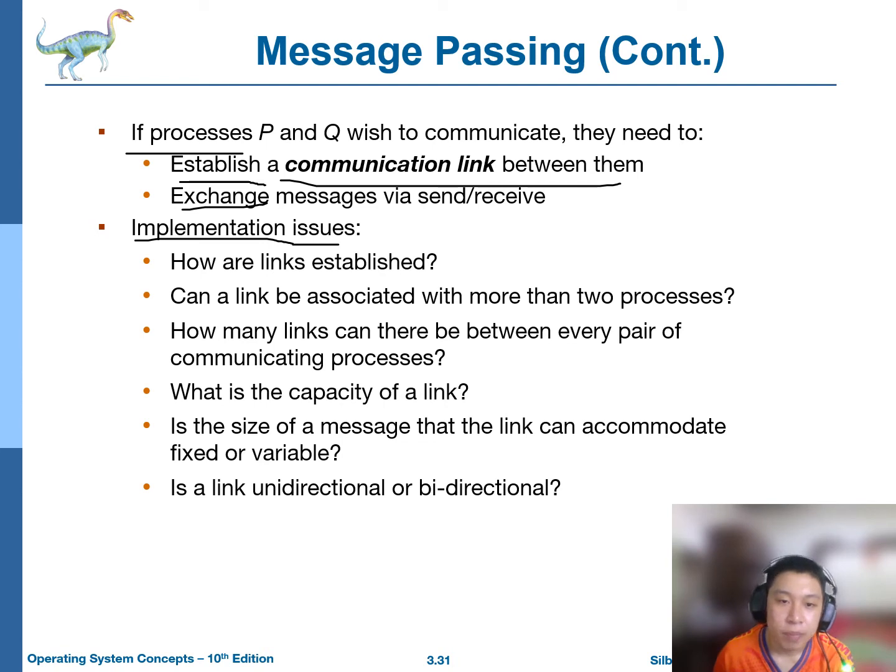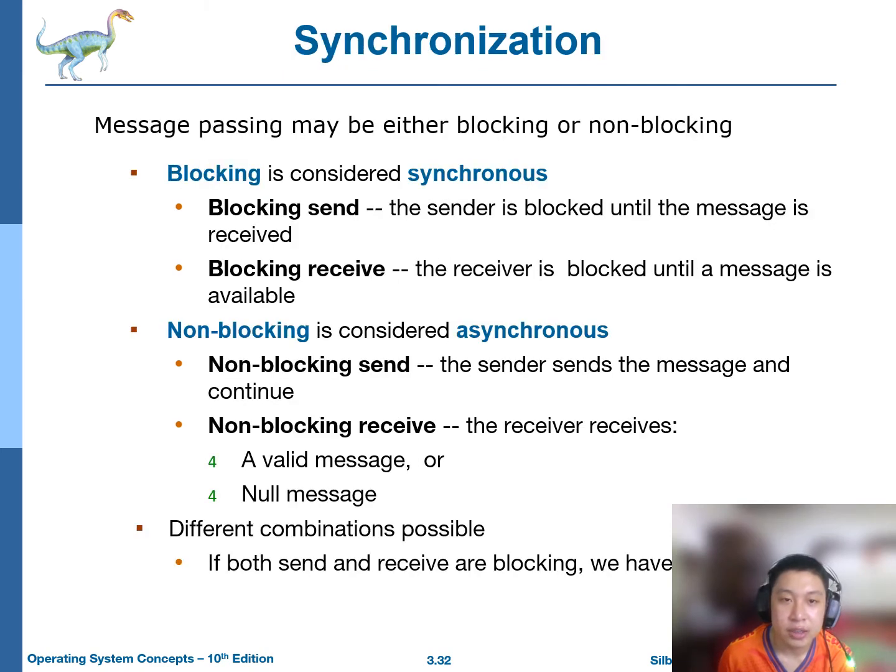What is the size of a message that the link can accommodate, fixed or variable? Is a link unidirectional or bidirectional? Synchronization: message passing may be either blocking or non-blocking.